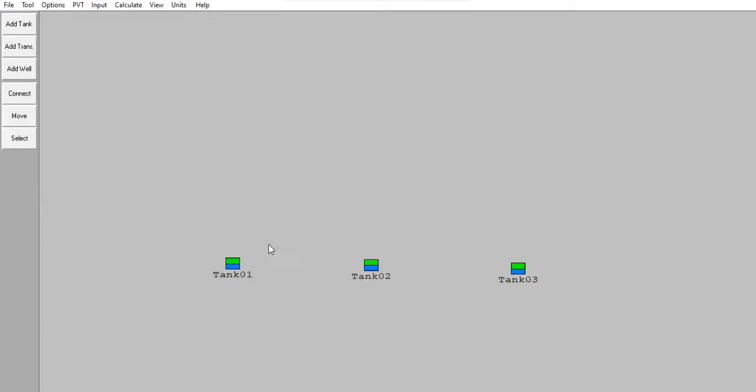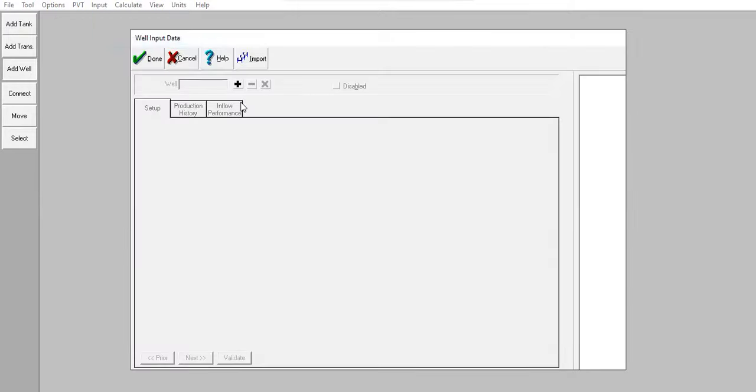All right, so they will produce oil to one particular well. So I will add a well here. Or I can go to input, wells data. All right, click this one.